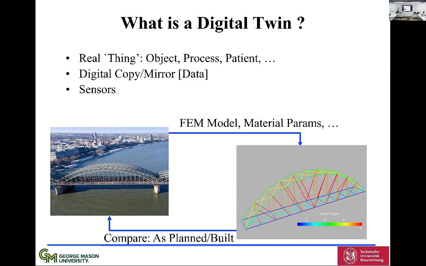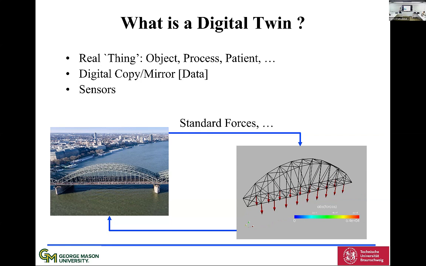So if we look at a typical civil engineering object like this bridge, we have the real object here. We will have a finite element model that has all the material parameters, and in what follows, I will always assume that we have a high fidelity digital twin, so we have a fairly accurate finite element model of this. Then we get the standard forces, so we either drive trucks or trains over it, or something where we know the weight, and we can get the standard forces from that.